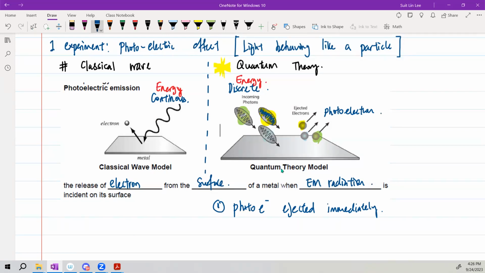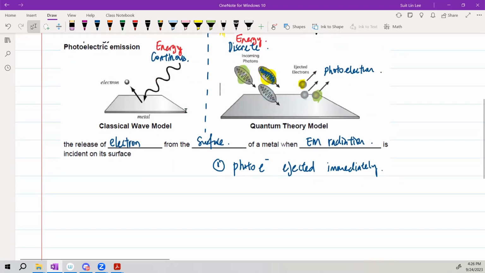So once I take the energy, immediately I have enough, I can exit. But if the wave is continuous, it's like boiling water. Even if the fire is very, very hot and you want to boil water, you have to wait. So number 1, the photoelectron is ejected immediately. Number 2, there is no photoelectron at all if the incident wave is below a minimum frequency.